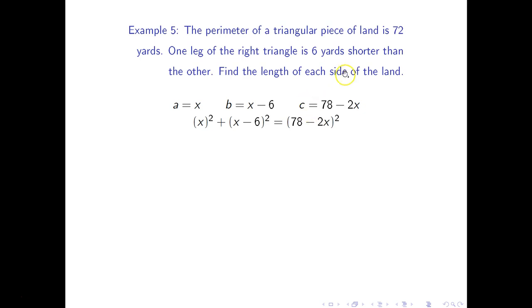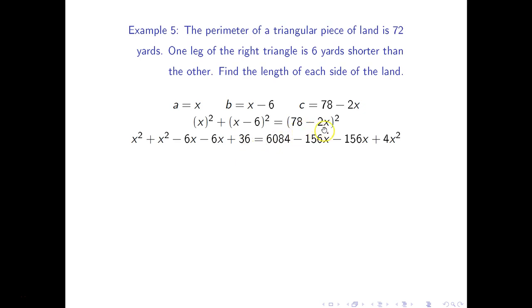Now, how would you solve this equation right here? Hopefully you're saying I have to multiply it all the way out, and indeed you do. So x squared is x squared. x minus 6 squared, well, I did x minus 6 times x minus 6, and I multiplied that, and I got here.